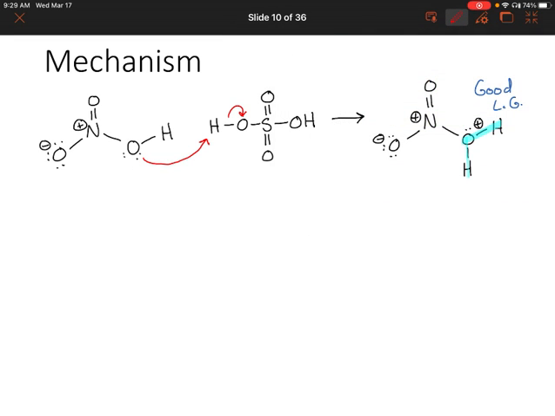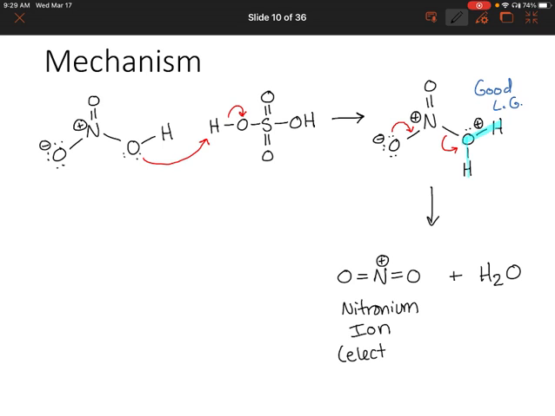Now what we can do is move pi electrons over from the negatively charged oxygen, which is going to cause the leaving group to leave. Then we end up with something called the nitronium ion, and water, of course, our leaving group. And this is going to act as our electrophile.